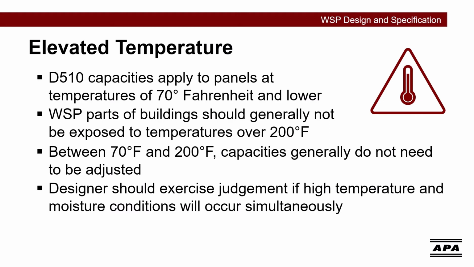While temperatures of up to 150 degrees do occur under roof coverings on hot days, they are generally accompanied by moisture content reductions that increase the strength of wood structural panel and offset the loss due to higher temperature. The designer should exercise judgment on if high temperature and moisture conditions will occur simultaneously to determine if temperature adjustment factors should be used.